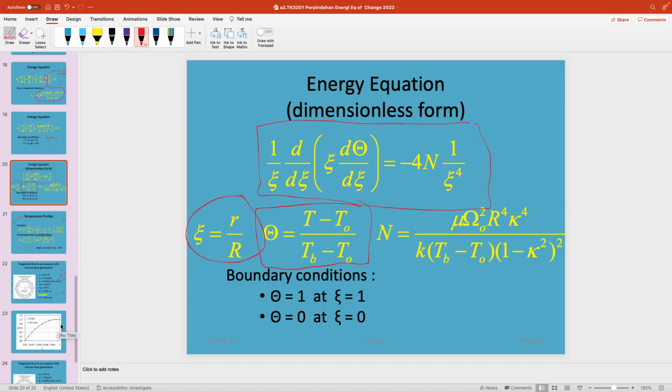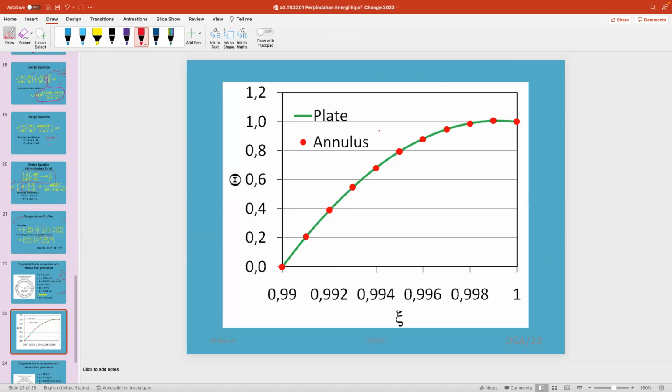I got it from Pak Arse, who explained that one. But if you look here, they are quite similar when K is 0.99. The calculation tells you about T minus T0 divided by TB minus T0.